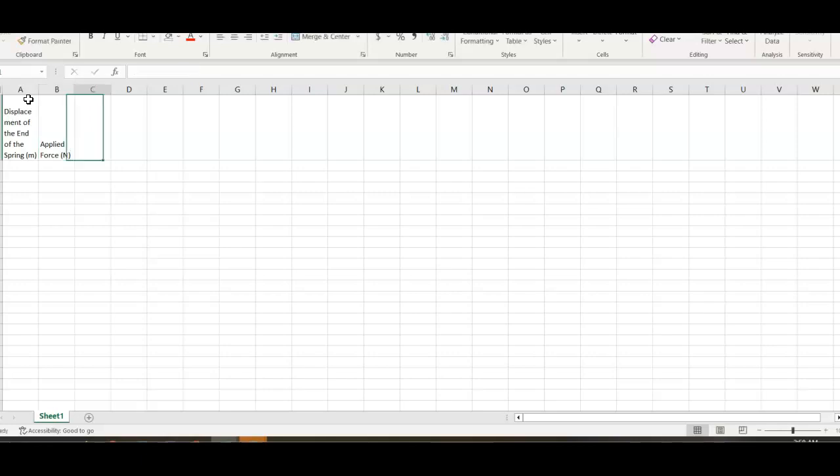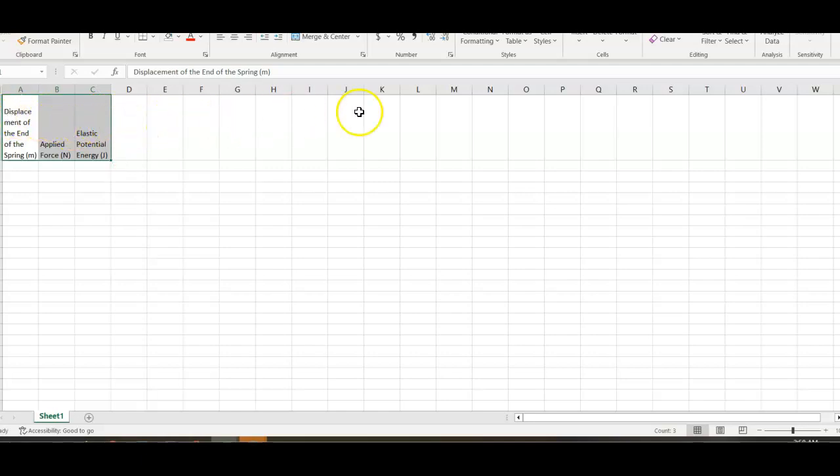That's measured in newtons. And then the elastic potential energy that was stored in the spring, and that's measured in joules. Notice that these titles are longer than the column is wide.